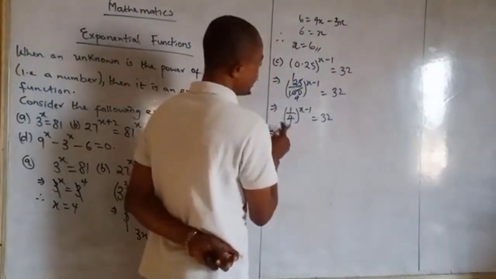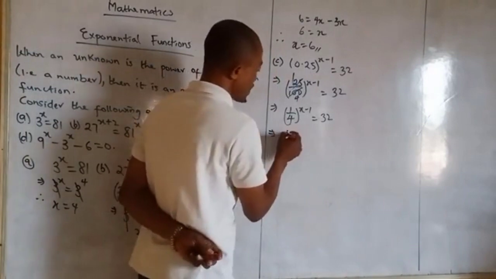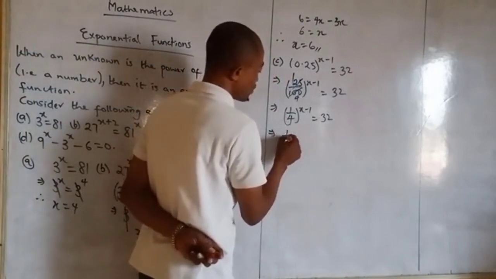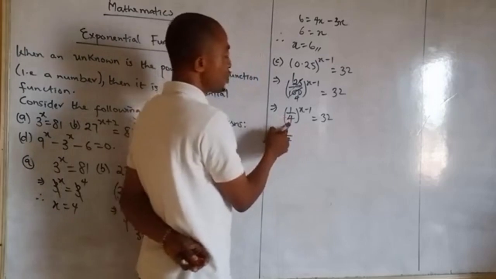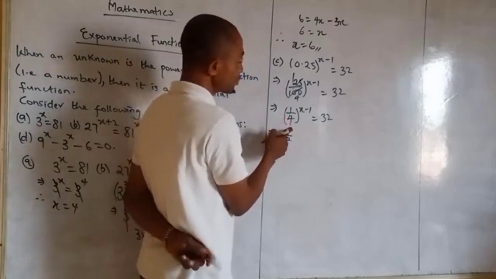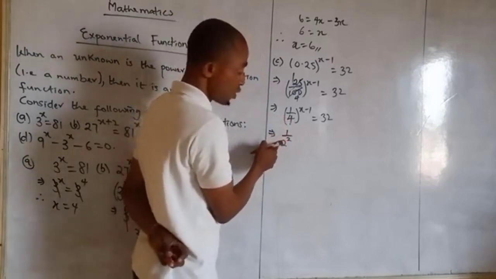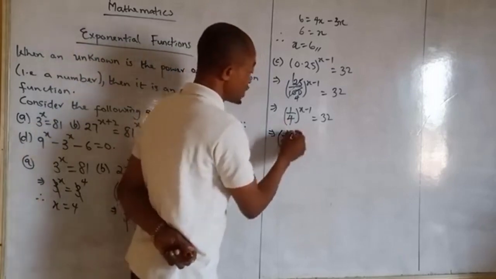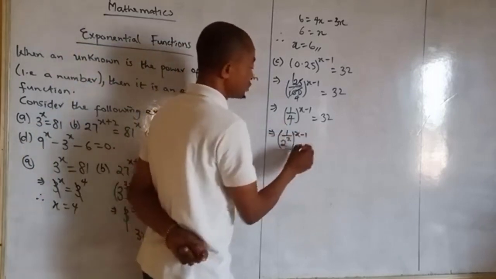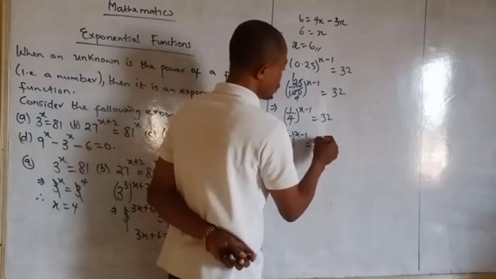So we now have 1 over 4 is the same thing as 1 over 2 to the power of 2, because we can express 4 as a power of 2. Then in bracket to the power of x minus 1, which is equal to 32.